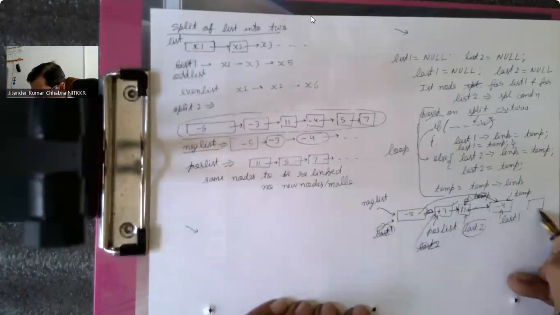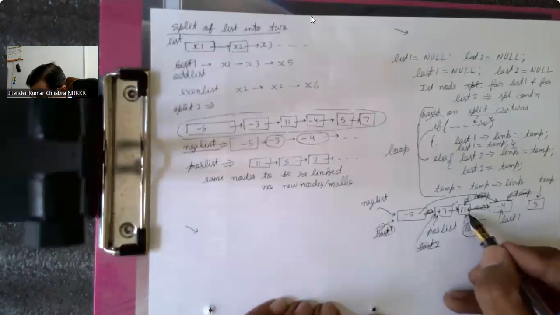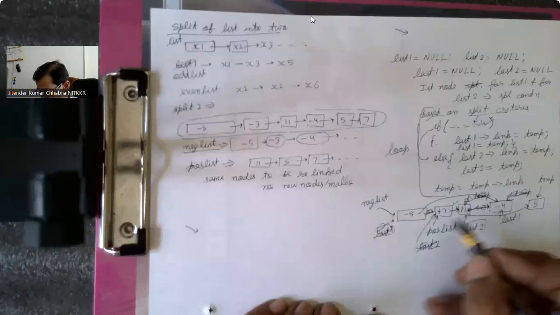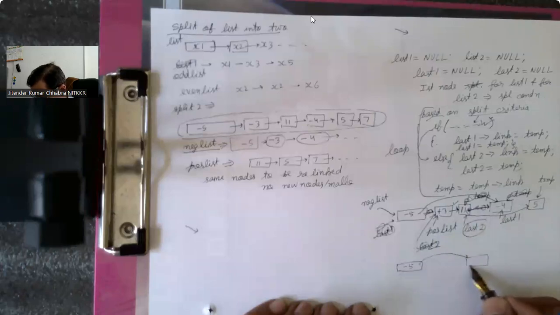After -5, let's say I have 5. So your temp will come to 5. And then when the comparison is done, this link will be changed. So this link you will take to this. So slowly your list is changing. You have -5, then -4, and so on. This side you had 3, then you had 11, and then you have, let's say, 5.